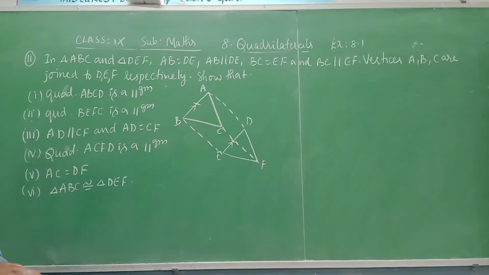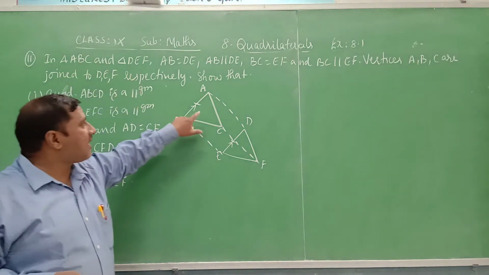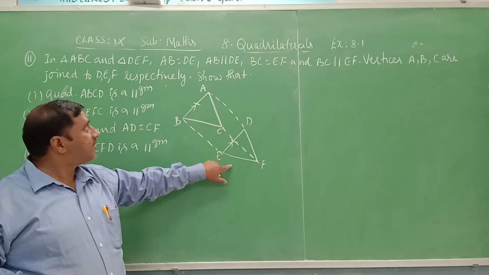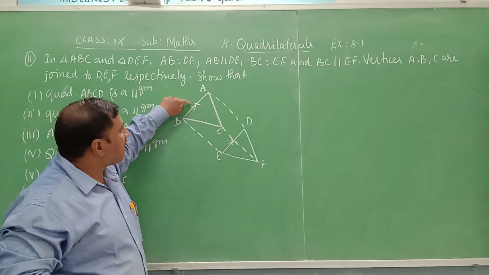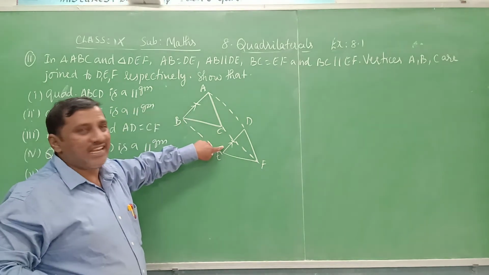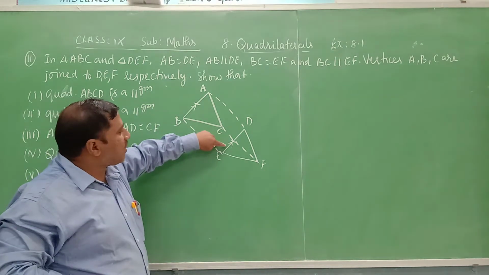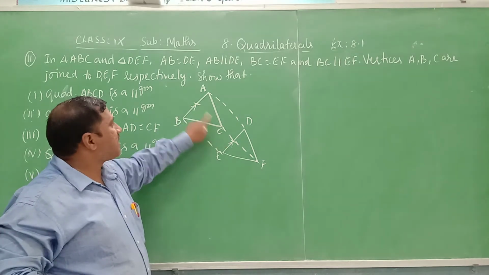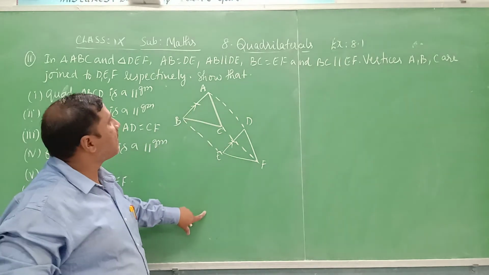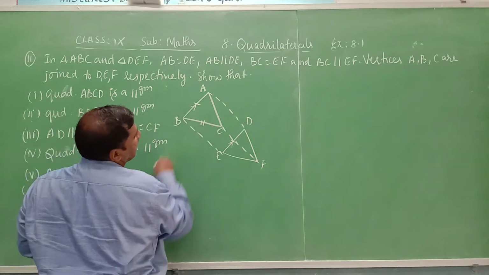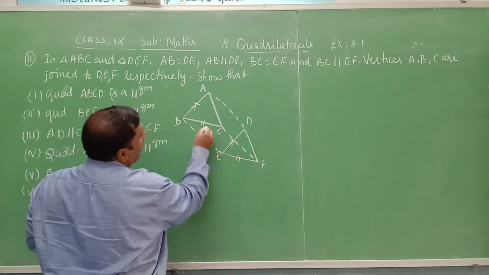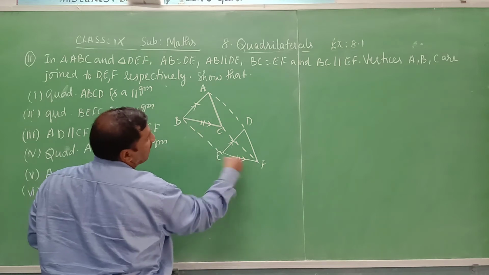Now, we will discuss question number 11. In triangle ABC and triangle DEF, AB is equal to DE, the length of AB is equal to the length of DE, and AB is parallel to DE. So these two sides are parallel and equal. And BC is equal to EF, and BC is parallel to EF.